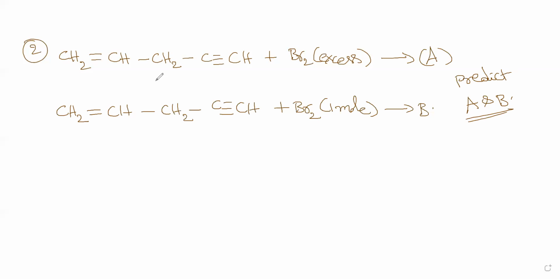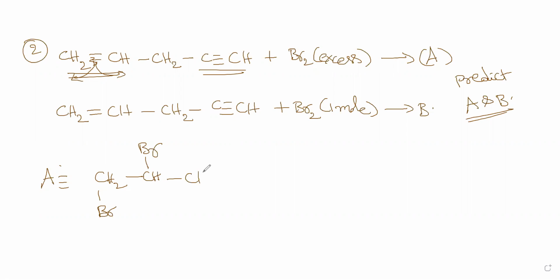So how do you solve this? Excess means a sufficient amount is utilized for the triple bond as well as the double bond. For the double bond, 2 bromines will add. You break this bond and make 2 bonds, one bromine on each carbon. I told you bromine will add in the anti position, and the triple bond is not disturbed when you have 1 mole.